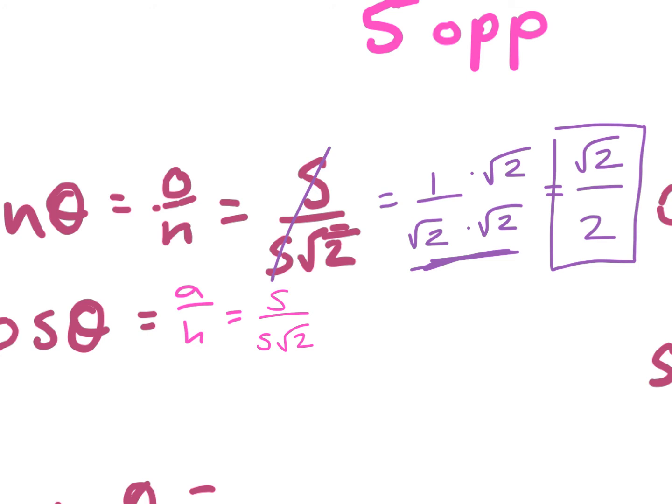So what do you notice about our cosine and sine? They're the same. So we're going to do the same math that we just did for sine, again for cosine, and we get the same thing, square root 2 over 2. Because the 5's cancel, then we have to rationalize, and we get the same answer.